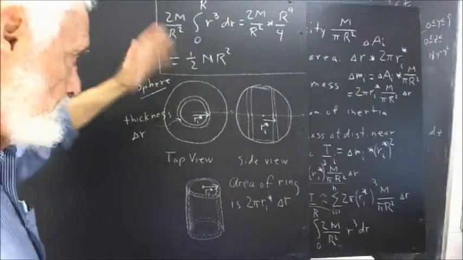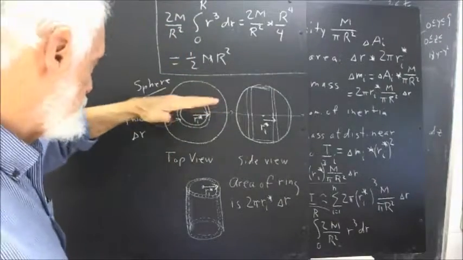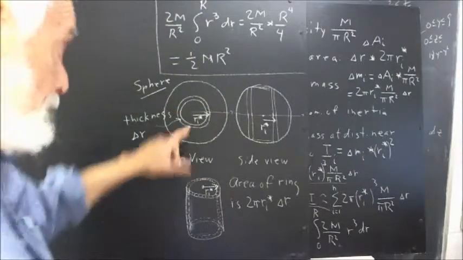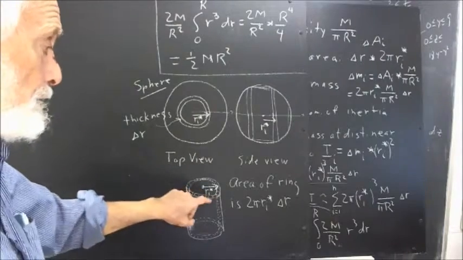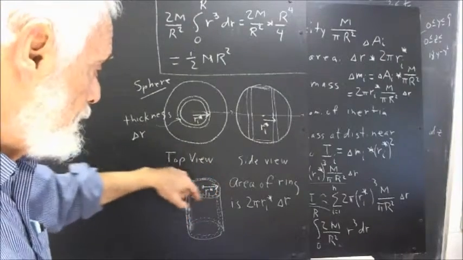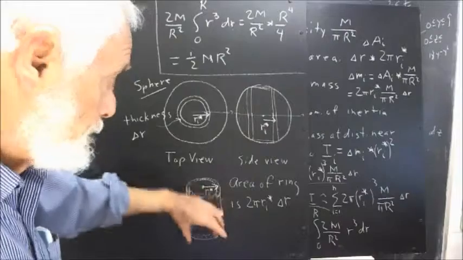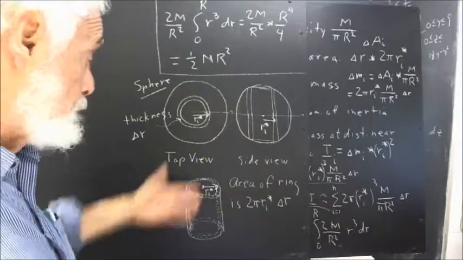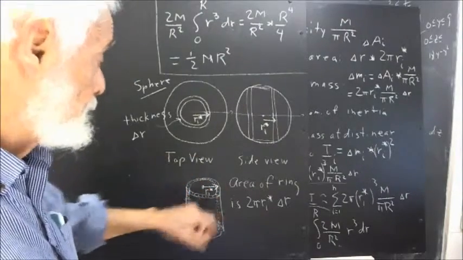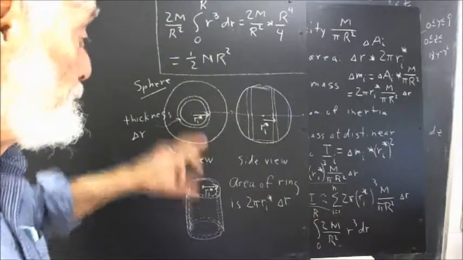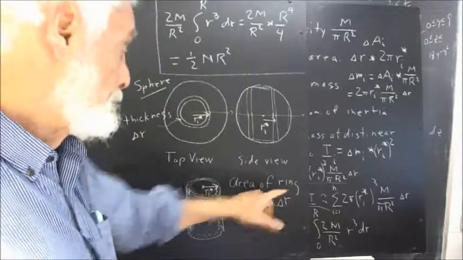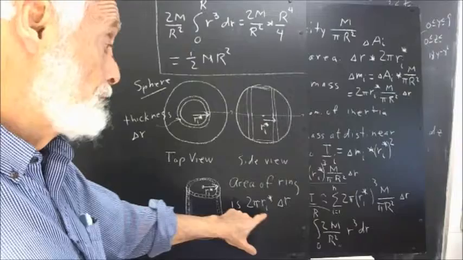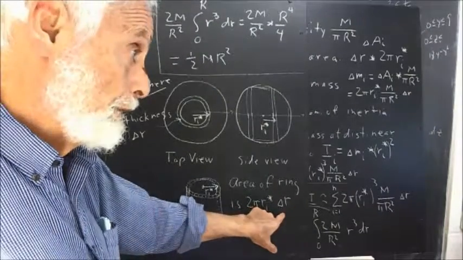And I'm not going to use x, y, and z, but just the plane that cuts the sphere here. And that should be fairly clear. And of course, r sub i star is then the radius of the ring that defines the cross-section of this figure. Now, the area of the ring is, again, 2 pi r sub i star times delta r.